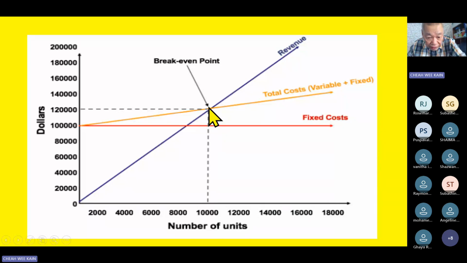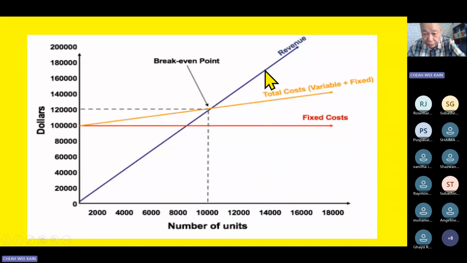And therefore, if you are selling less than this quantity, let's say you're selling here. Okay, what happened? You're selling here, your cost is here, orange, and your blue color is the revenue. So this is the loss. Let's say now you're selling here.